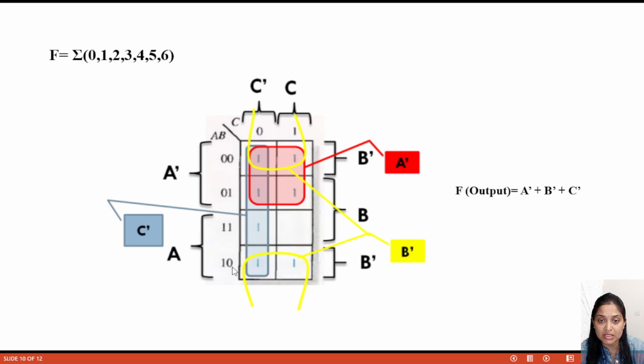So from this yellow group we can only consider B bar. Finally the output will be A bar plus B bar plus C bar, because these are all in the sum form. So we have to add all these results. This is the final one.